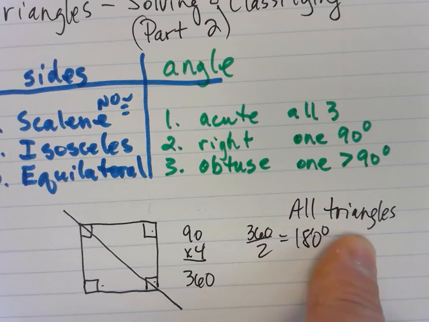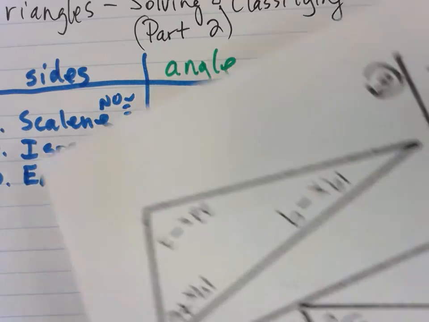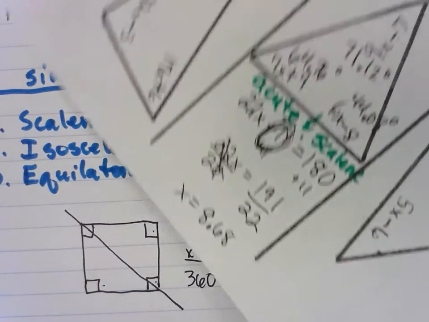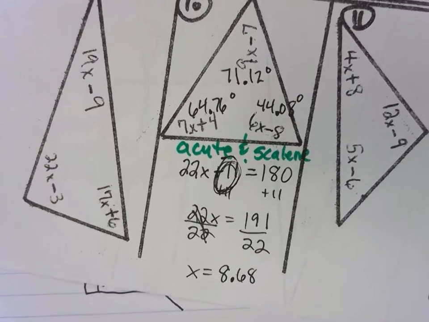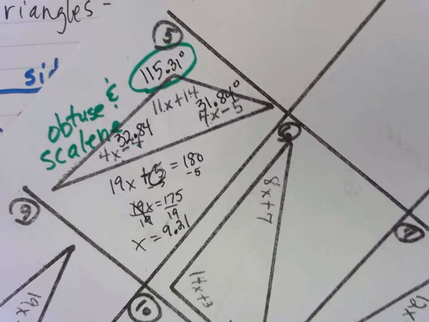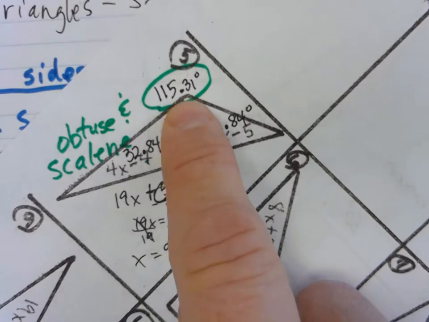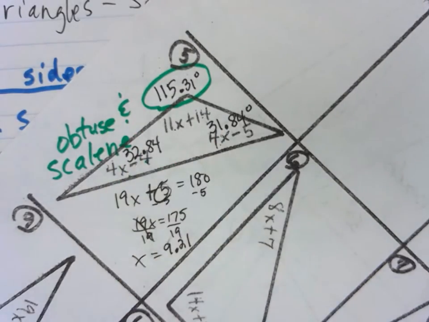So any type of triangle, whatever type it is, it's got a sum of 180. Make sure you go to the nearest hundredths place like we did there and classify it. We classified it, okay, because there's an obtuse angle there, obtuse and scalene.